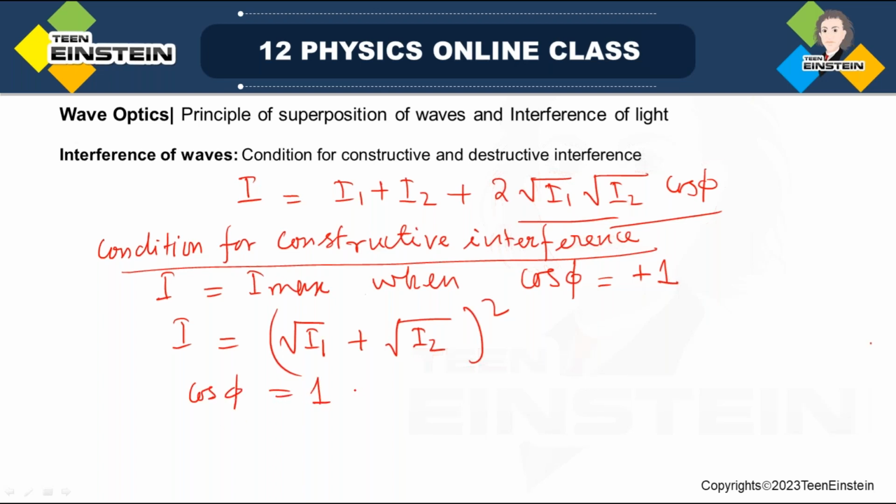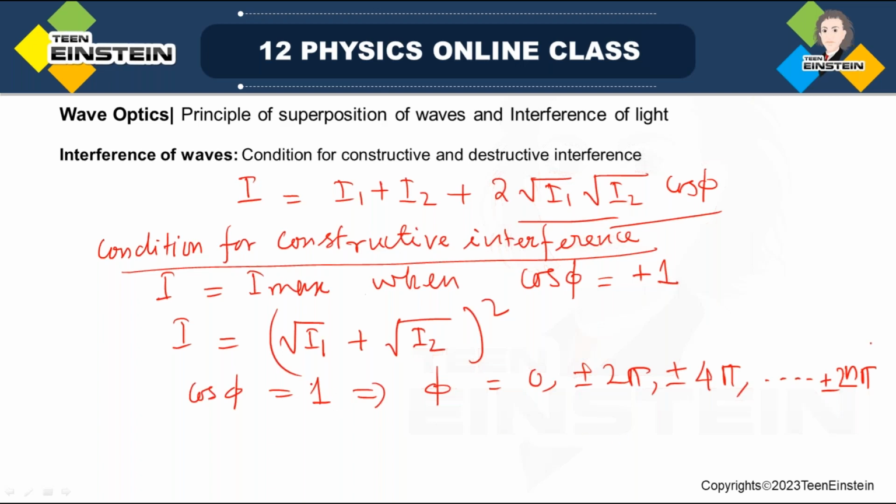So when cos phi is 1, this implies that phi must be 0 or plus minus 2 pi or plus minus 4 pi, or like that, plus minus even multiples of pi. We can write 2n pi, where n is a general integer.